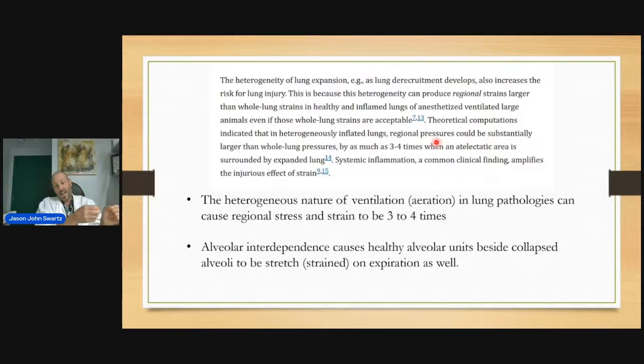So these collapsed areas actually tug on the healthy alveoli. So you're not only getting strain possibly on inspiration because you don't have those adjacent alveolar walls to help prevent a distortion of the alveoli, you also have a strain that's occurring because there's a distension occurring on expiration.